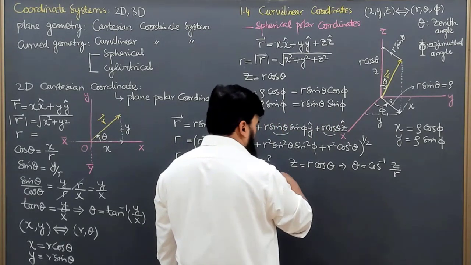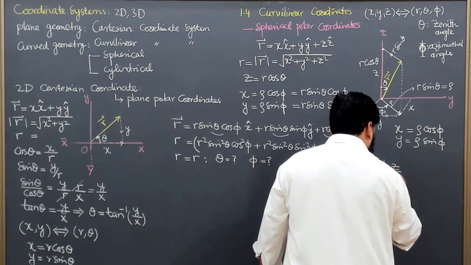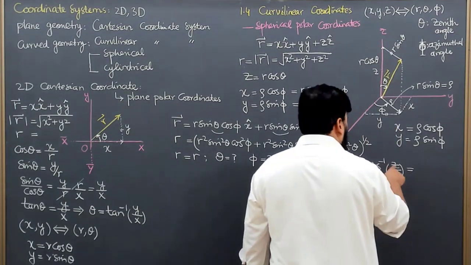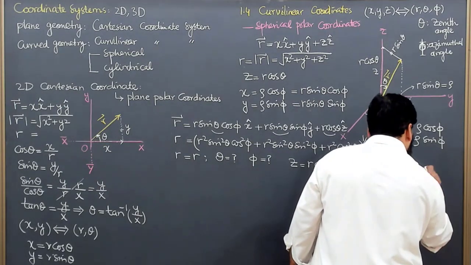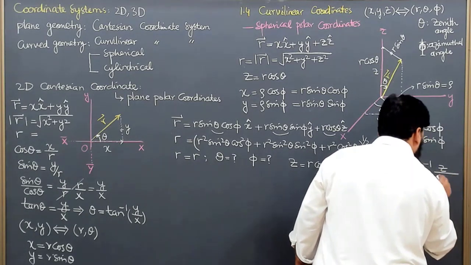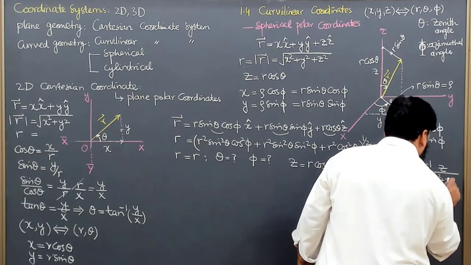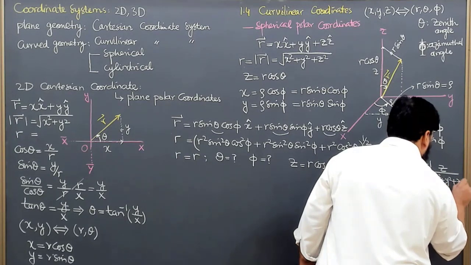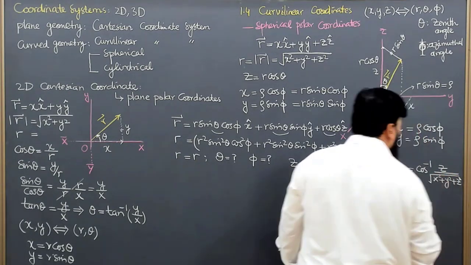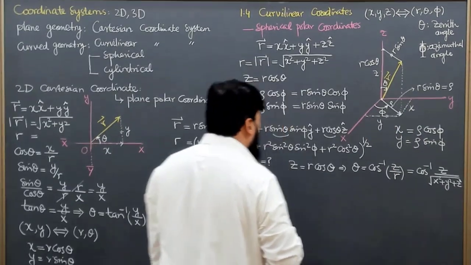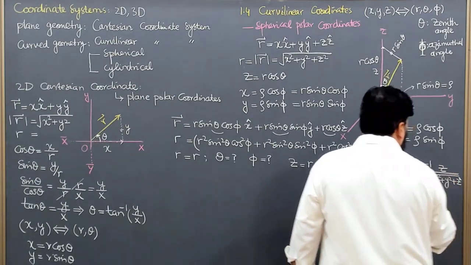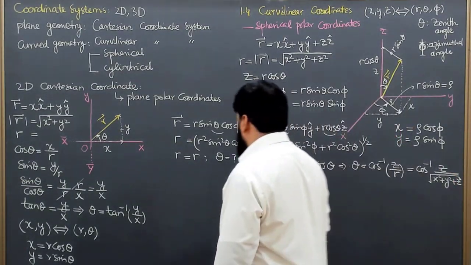And I know the value of r here: cos inverse of z over the magnitude of r, so this is the square root of x square plus y square plus z square. So I wrote the value of theta here in terms of x, y and z.